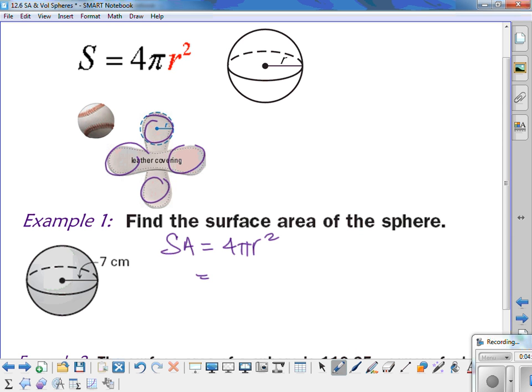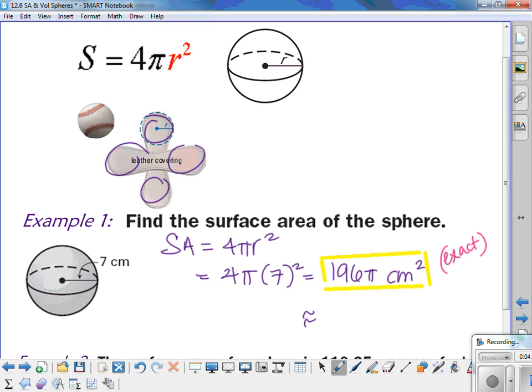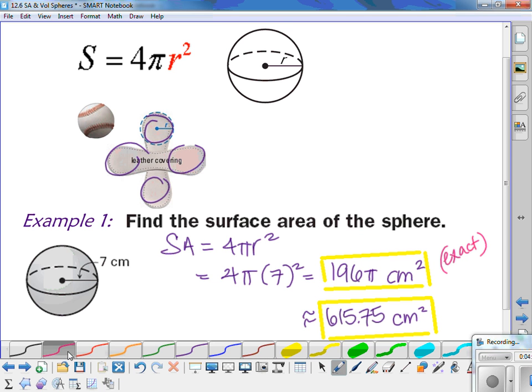So in this case, 4 pi times 7 squared, which is 196 pi centimeters squared. That's my exact surface area. And then if I put it in my calculator, I get approximately 615.75 centimeters squared. So that's approximate.